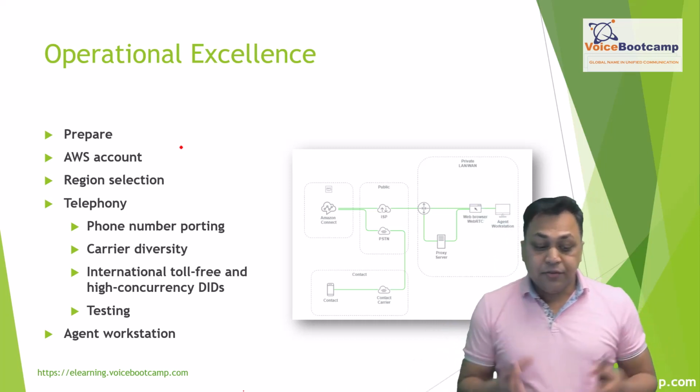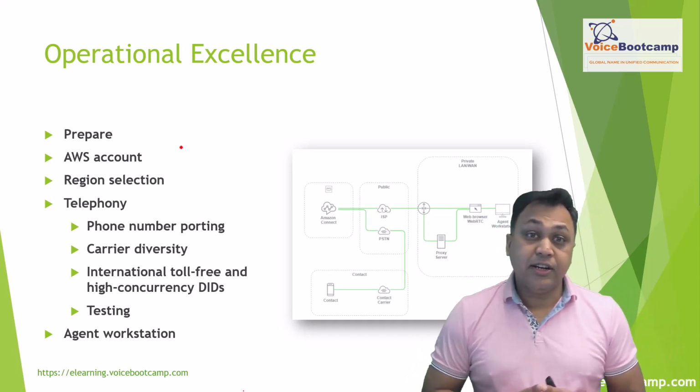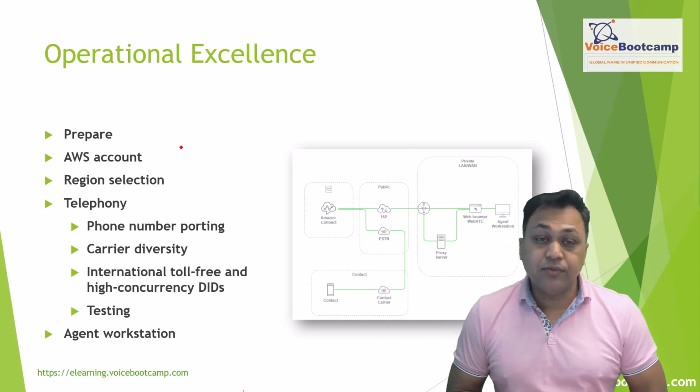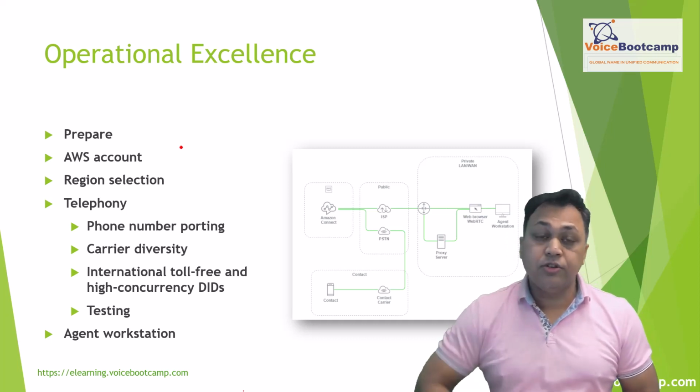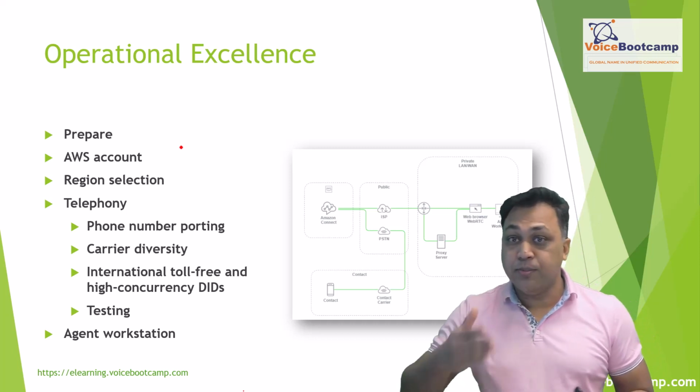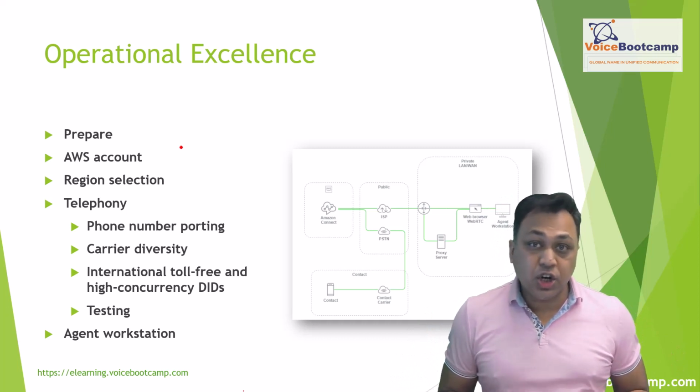Now you also have to look at the carrier diversity in the US. You should use the Amazon Connect telephony service for all US toll-free numbers. By doing so, it will allow you to route toll-free traffic across multiple suppliers in an active fashion at no additional charge.